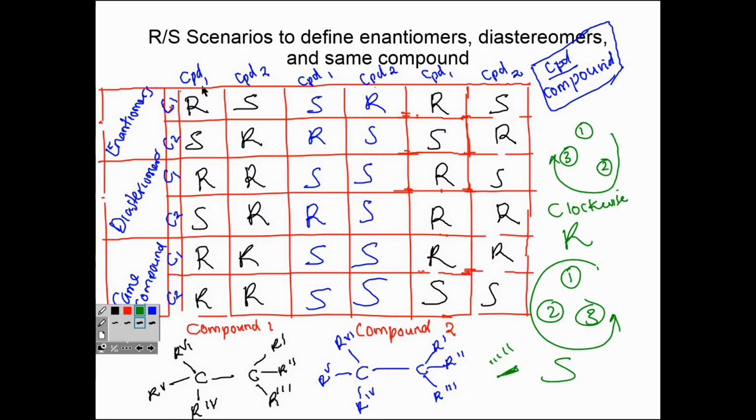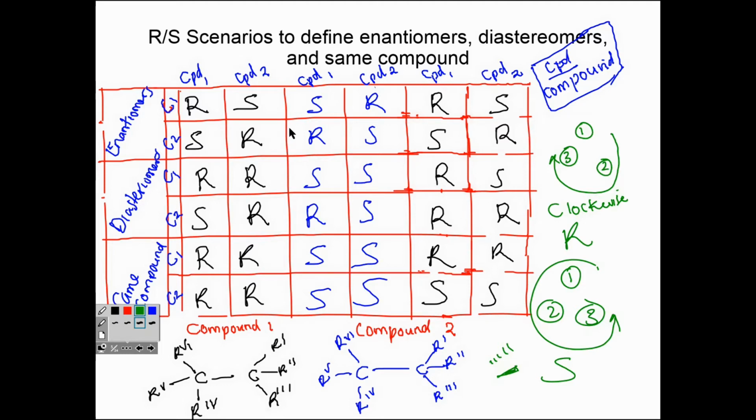If C1 of compound 1 here is R and C2 of compound 1 is S, and for compound 2 you get an assignment of carbon 1 having an S and carbon 2 having an R, then the difference here is R S, S R. This is clockwise, counterclockwise, counterclockwise, clockwise, just the opposite of all the configuration assignments. So that's going to be an enantiomer.